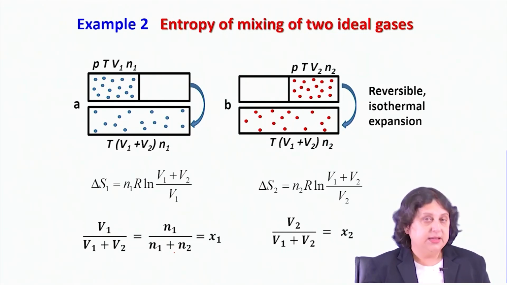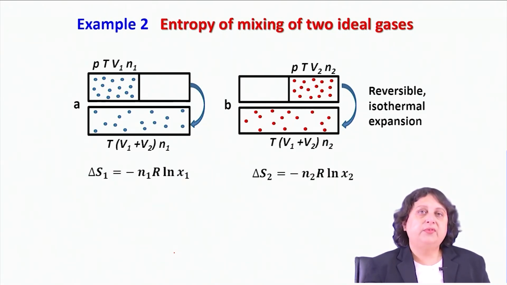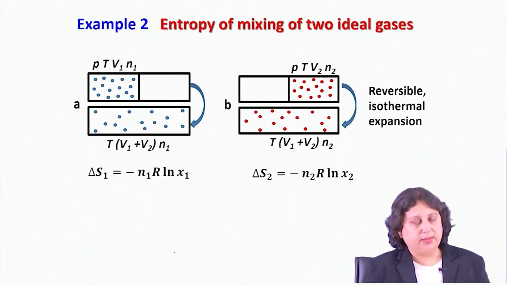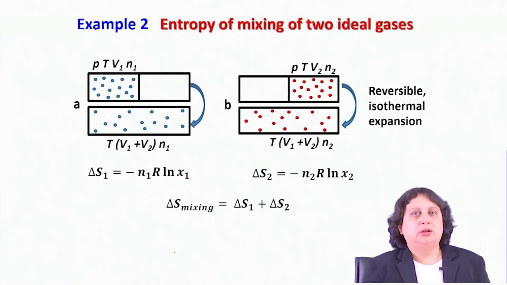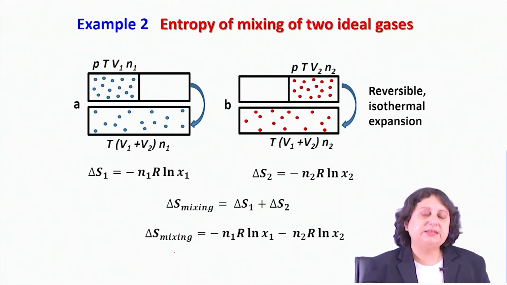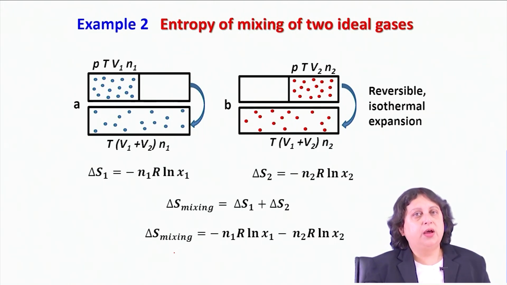If I do that, what I will find is delta S1 is related to X1, that is the mole fraction of the blue gas, gas 1 in the mixture, and delta S2 is a function of X2, that is the mole fraction of the red gas labeled as gas 2. So, delta S mixing is now given in terms of N1 R ln X1 and N2 R ln X2.